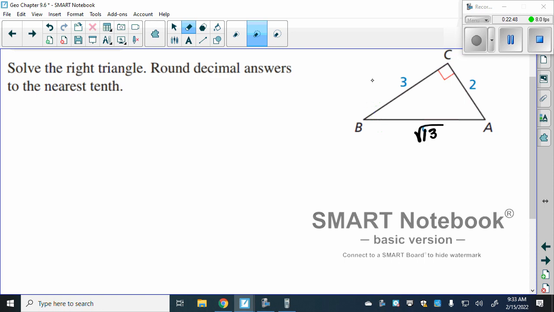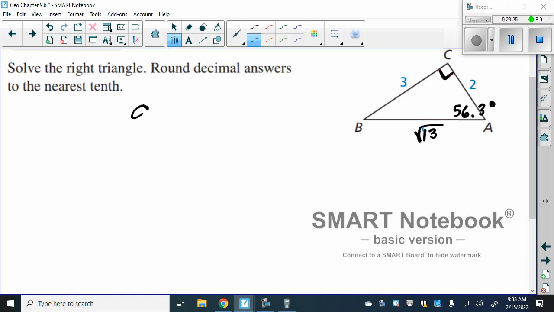Now, we found that A is 56.3 degrees, yes? We still need to find the other angle, yes? How can we do that? Triangle's not 360. So we know that this is 90, yes?